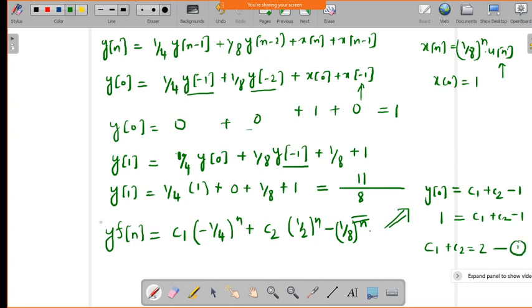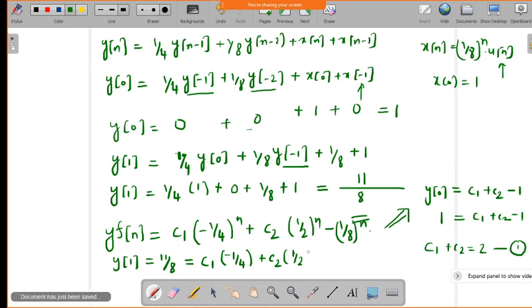Okay, and similarly put the value of n equal to 1. So what will you get? You will get y of 1, which we already know is equal to 11 by 8. So that is C1 into minus 1 by 4 plus C2 into 1 by 2, minus 1 by 8.